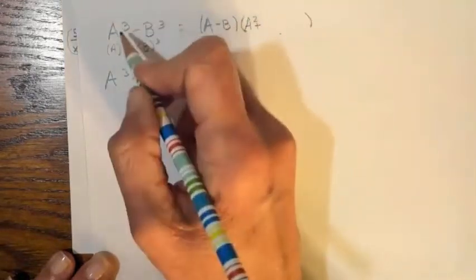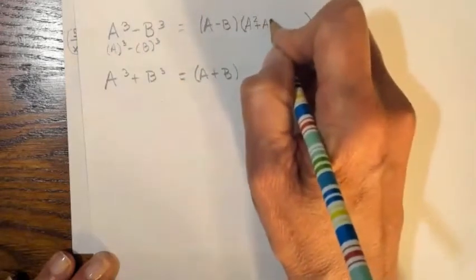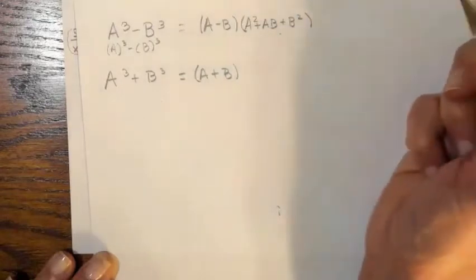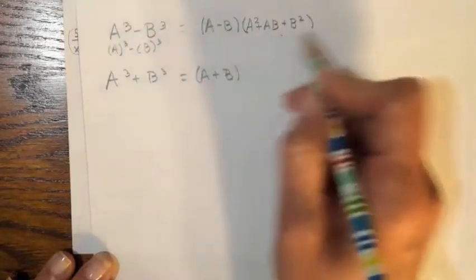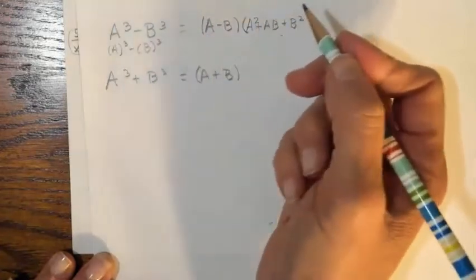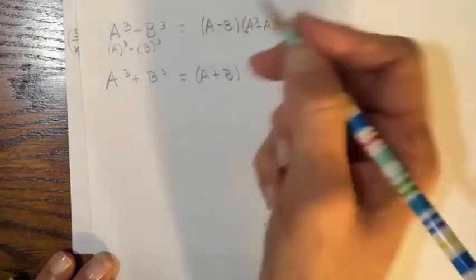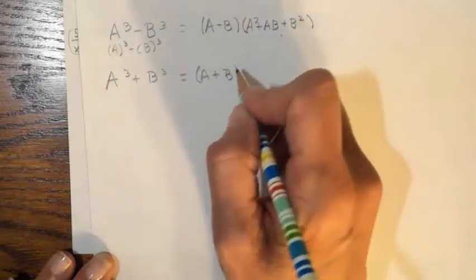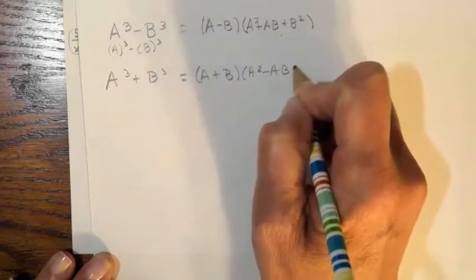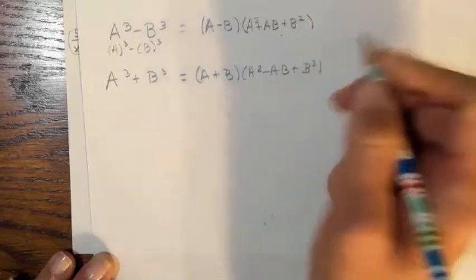Whatever sign here is changes. Then you multiply your a times your b, and then plus b squared. That would be how you would factor this particular thing. So if your b was, I'll do an example with other numbers in a minute. So this would be a squared minus ab plus b squared.